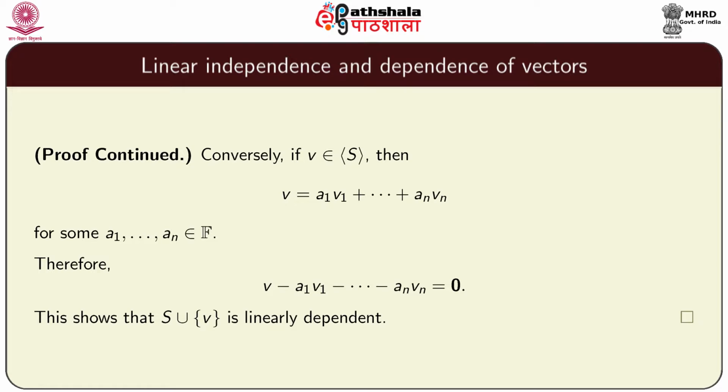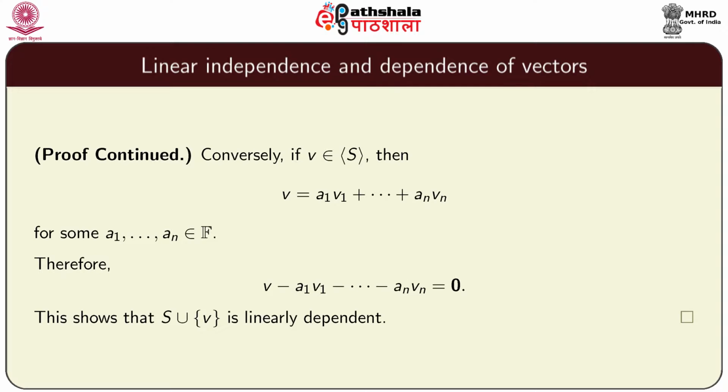If v belongs to span of S, then v is a linear combination of finitely many vectors from S, that is, v is equal to a1 v1 plus a2 v2 etc. up to an vn for some a1, a2, an in F.